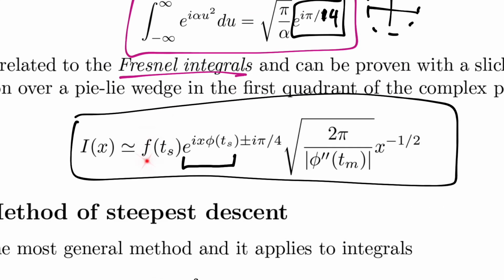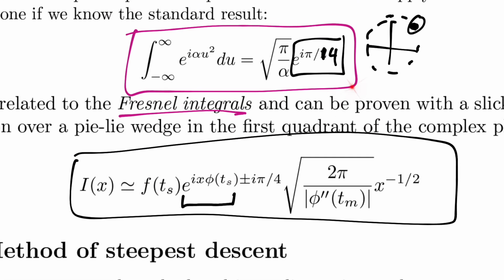So that's this part, and now this integral contributes an additional phase of plus or minus I pi over 4, and we'll see which one it is in a moment. And then you have the same square root over the second derivative, and you have the same reciprocal root of x behavior. So this asymptotic property is very similar, but when you crunch it, it's substantially different because of this phase shift and this complex piece.